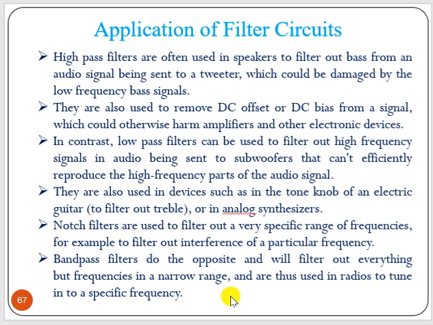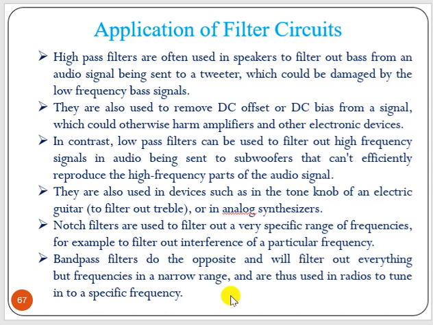So filters are used in electronic systems, in TV, in radio systems, in audio amplifier systems, everywhere. It depends on the application. If you require to remove some range of frequency, you can use low pass or high pass depending on your frequency. If you want to remove a band of frequency, you can use a band stop filter.